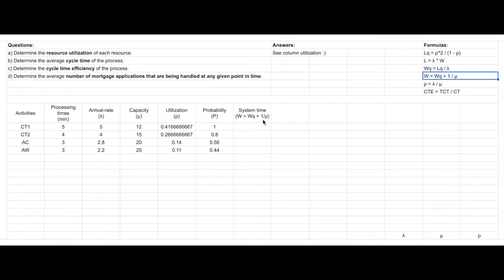Which means that we need to first calculate the wait time. And to calculate the wait time, we learned the formula WQ equals instances in queue, LQ, divided by arrival rate.